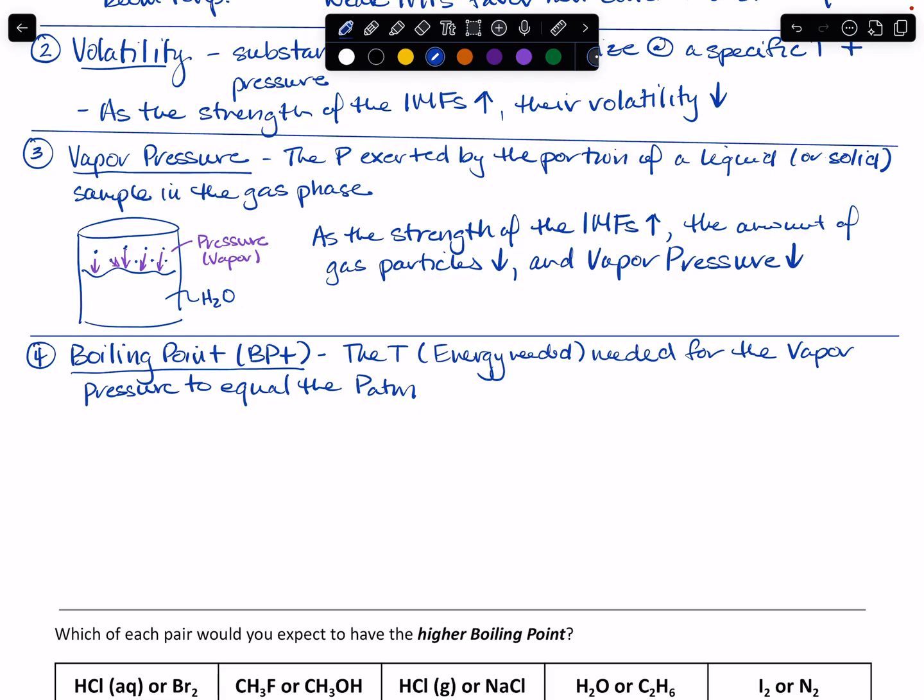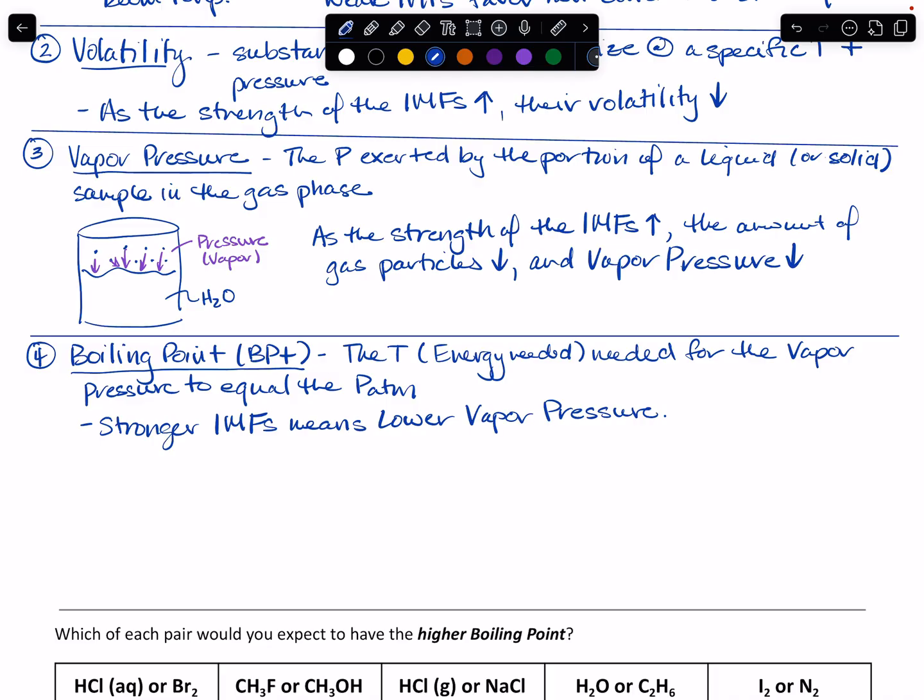Now, how does this relate to the IMFs? Well, let's think about it. Stronger IMFs means lower vapor pressure. That means you don't have much gas present yet.